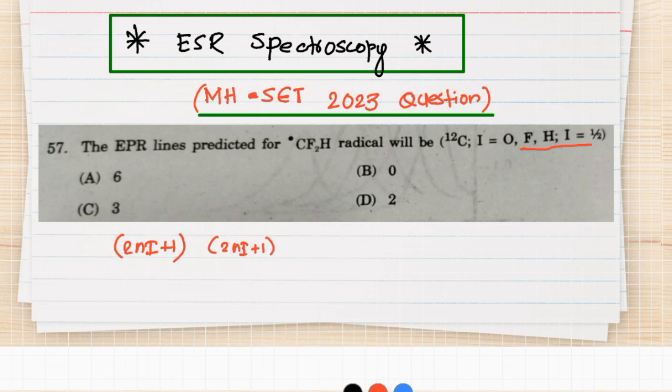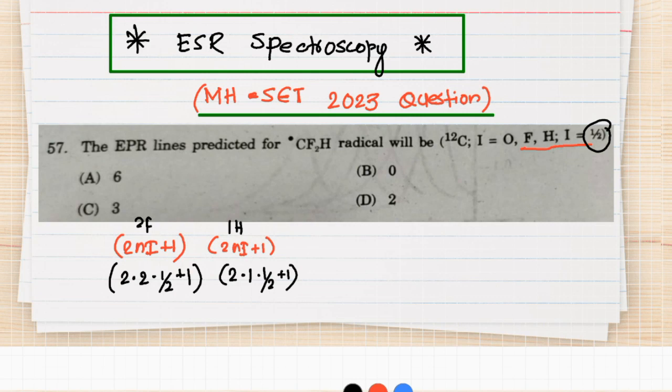We have two kinds of nuclei, fluorine and hydrogen, while carbon is magnetically inactive. There are two fluorine atoms with I value half, so 2 into 2 into 1 by 2 plus 1, and for the one hydrogen, 2 into 1 into half plus 1.